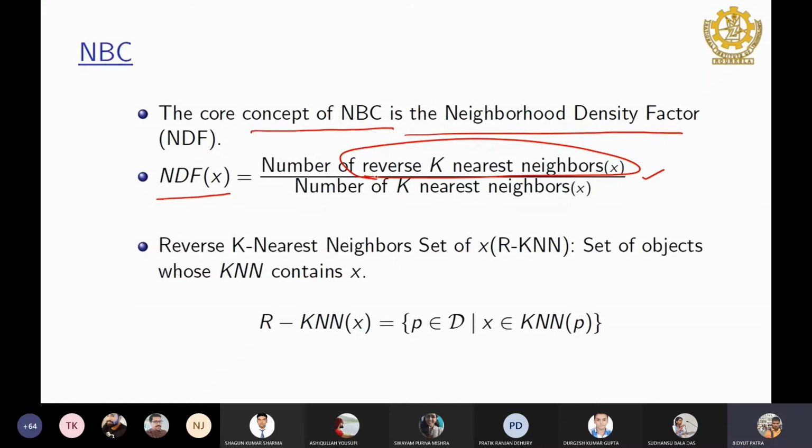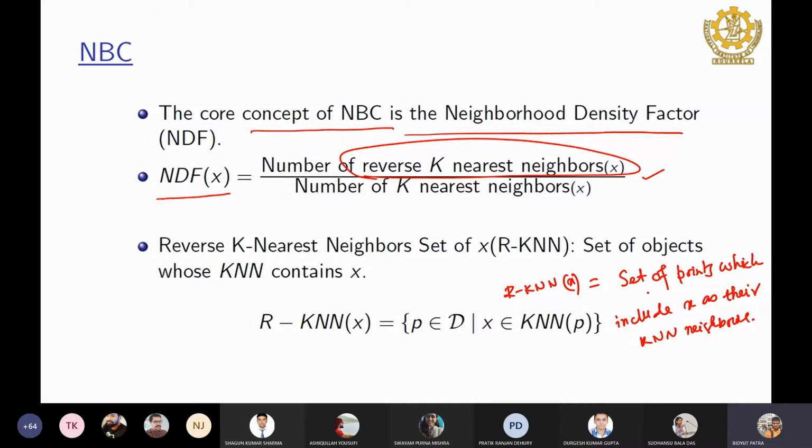Okay. So now first we understand what the reverse k nearest neighbor is. We know the k nearest neighbor. Now we need to understand what reverse k nearest neighbor is. The reverse KNN of a point x is nothing but the set of points, the set of objects, which include x as one of their k nearest neighbors.